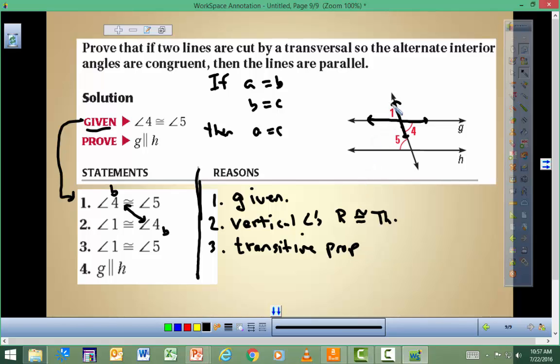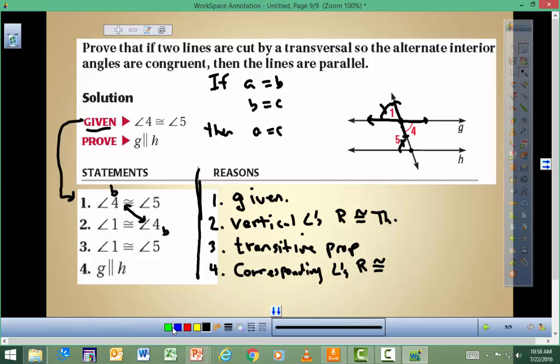And what type of angles are angles 1 and 5? We just showed that 1 and 5 are congruent. Angle 1 is on the top left, and angle 5, in the bottom group, is on the top left. So those are corresponding. We just had a postulate that said corresponding angles are congruent.